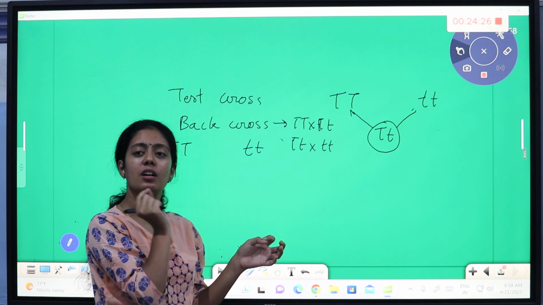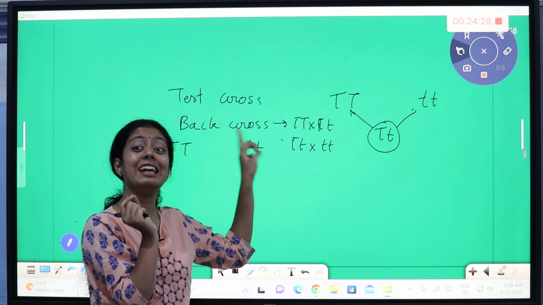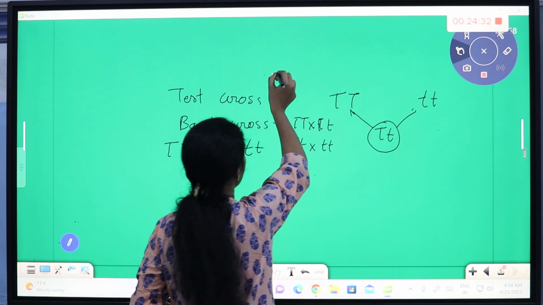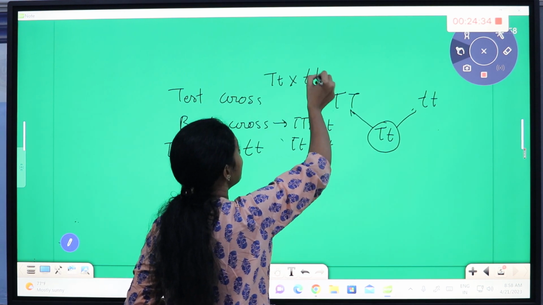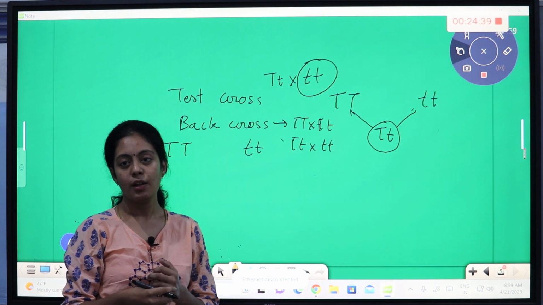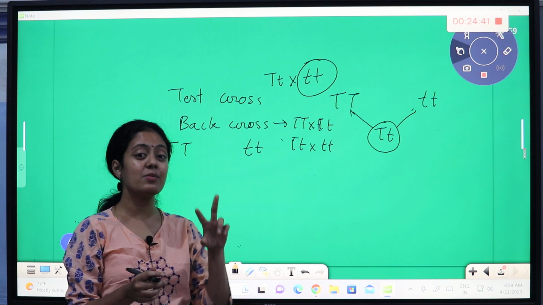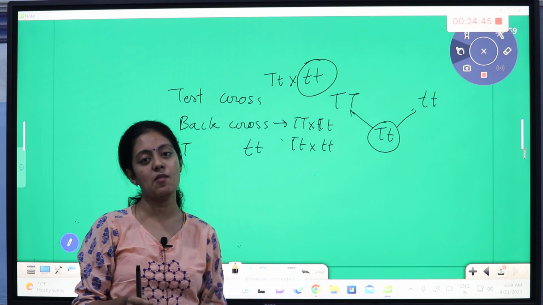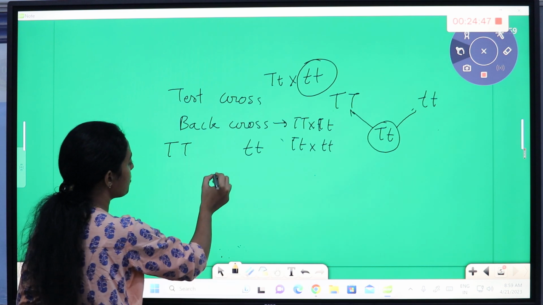Okay, back cross is the cross between the F1 and any of the parents. Okay, test cross is the cross between the F1 and the recessive parent. That's very important. Now all of you understood? Back cross is with either of the parents. Test cross is only with the recessive parent. Okay, so now let me put the cross.